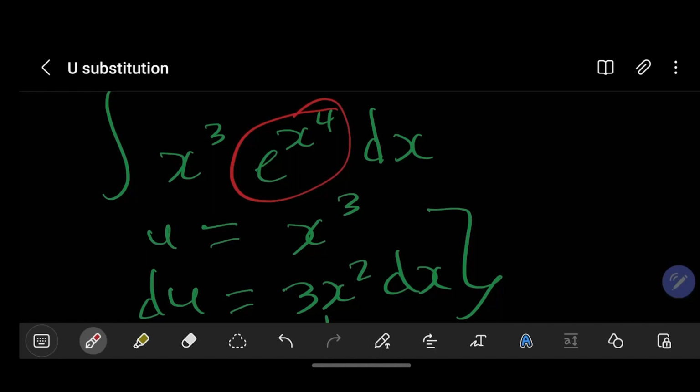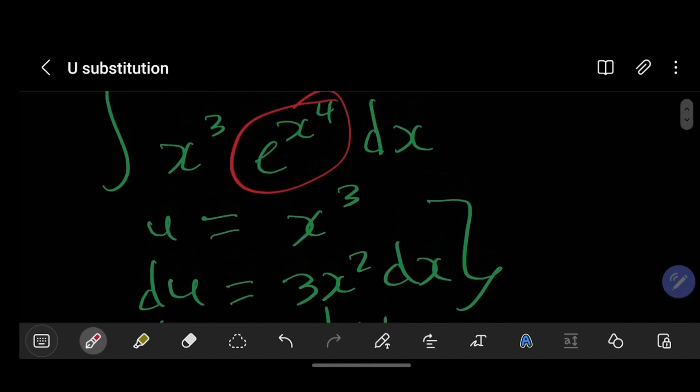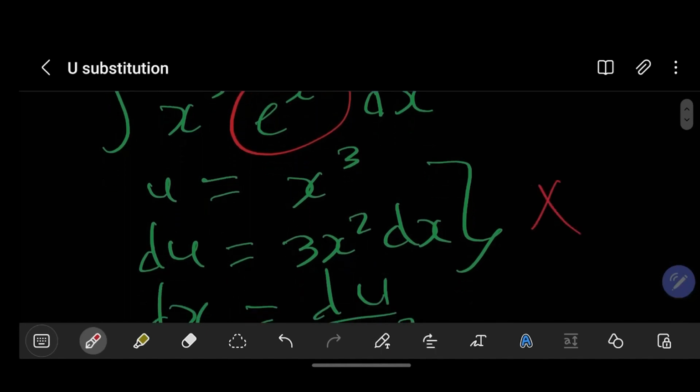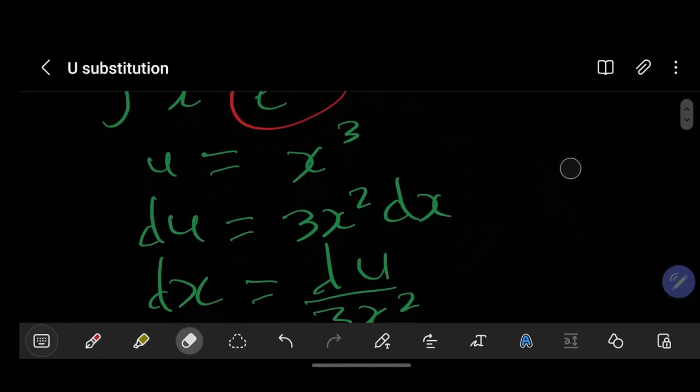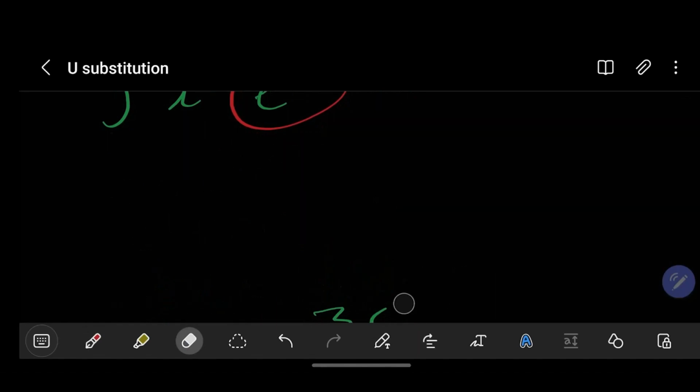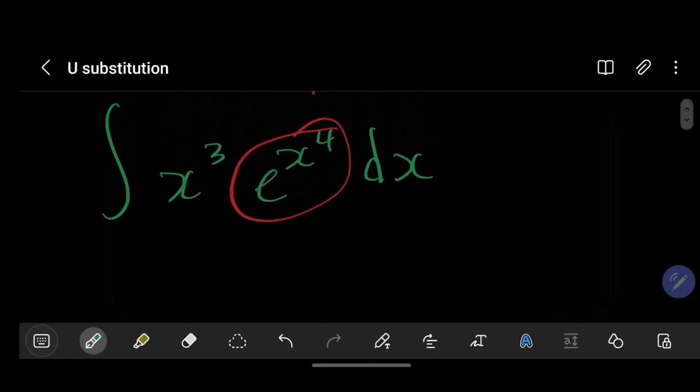So we can see that if we make u equal to x cubed, this is incorrect and we won't get to the answer we are looking for. So let's get rid of this. We now want to make u equal to, what do you think it is? We're going to make it equal to x to the 4.